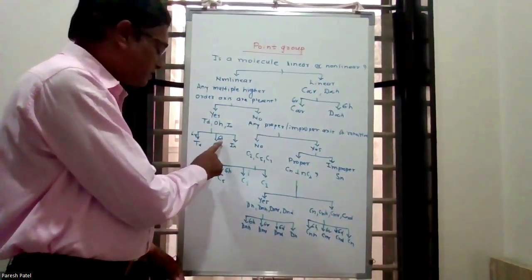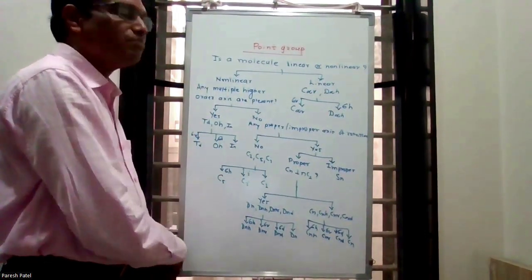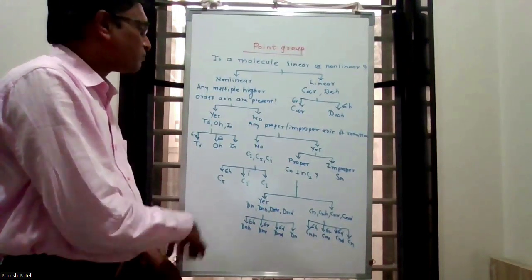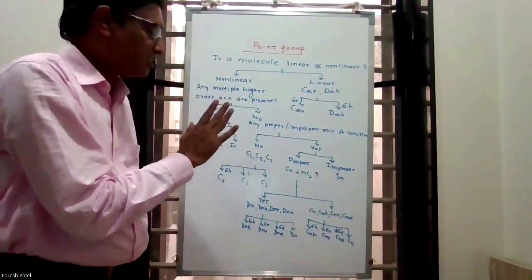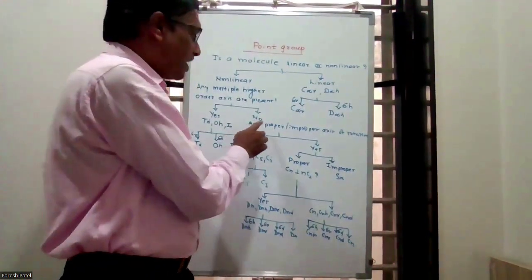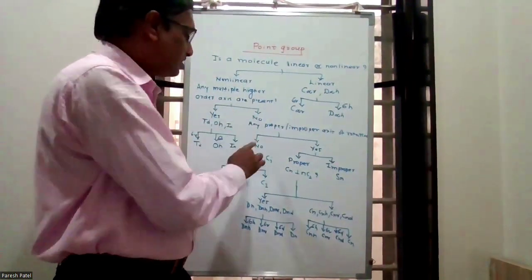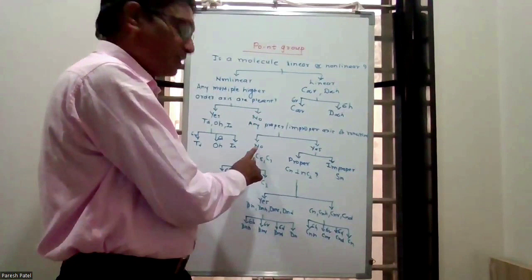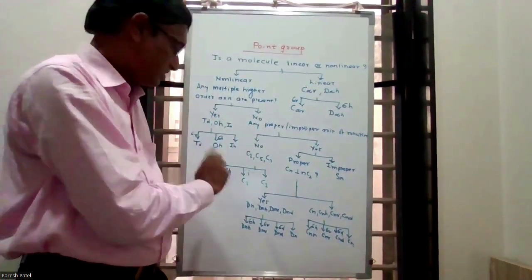If sigma h is present, then the point group is Oh. And if both are absent, then the I point group will be assigned. Now, if multiple higher order axes are absent, then we go to the next question: are any proper or improper axes of rotation present? If no, then the C1, Cs, and Ci point groups may be present.